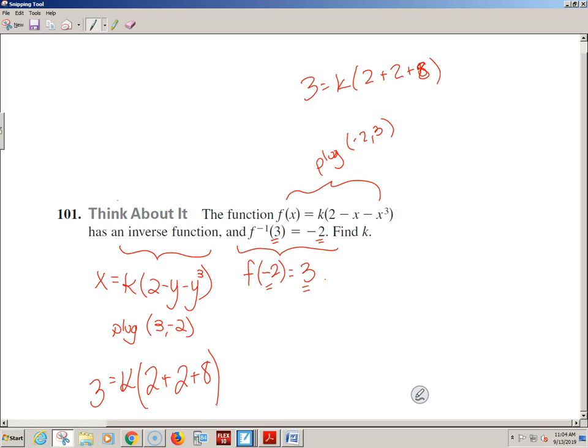The question was just which route you took. So 2 plus 2 is 4, 4 plus 8 is 12. 3 divided by 12 is 1/4. Whichever way. Ironic thing, it was just plugging in a point. The weird thing is you had to either switch the equation to plug in that one or switch the point to plug in. Wouldn't negative 2 cubed be negative? And it was minus. Oh.